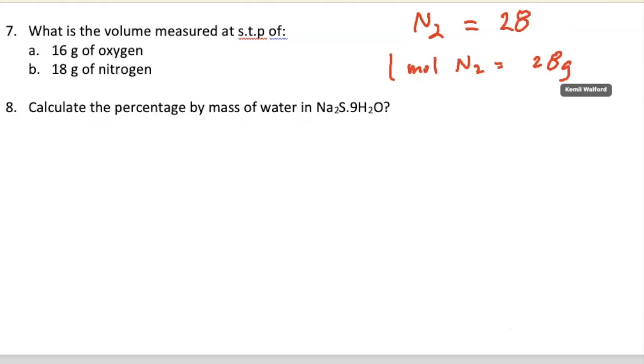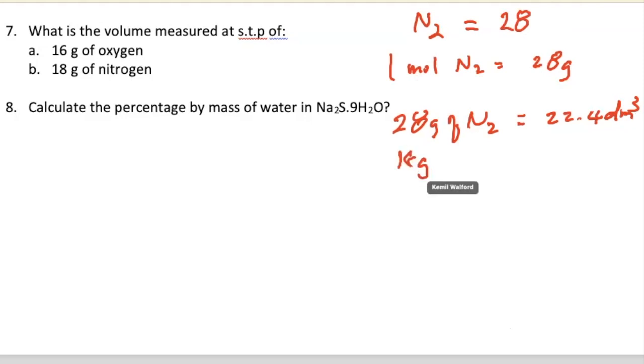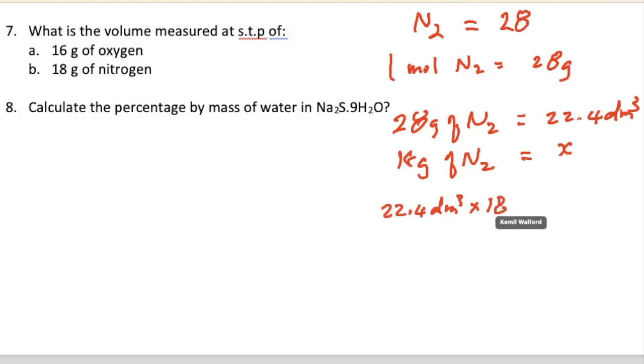So we know that this 28 grams of N2 would occupy 22.4 dm cube at STP. So if you have 18 grams of N2, naturally it's going to occupy a volume less than 22.4 because 18 is less than 28. So we put x, we'll cross multiply, we'll end up with 22.4 dm cube times 18 grams is equal to 28 grams times x.